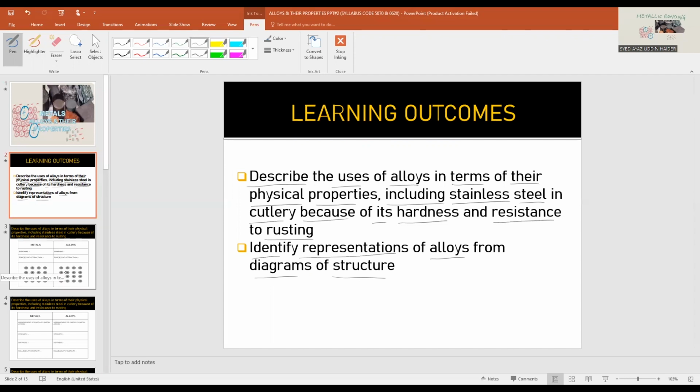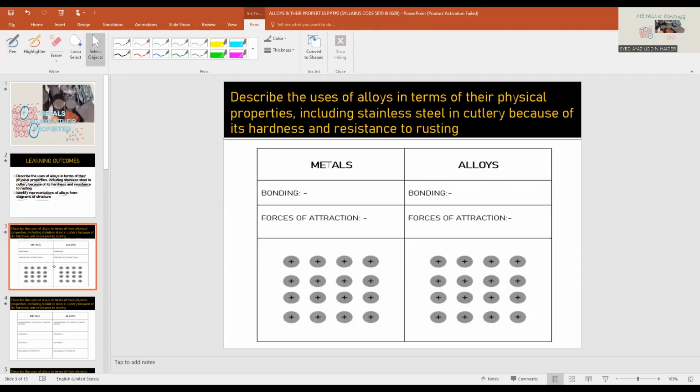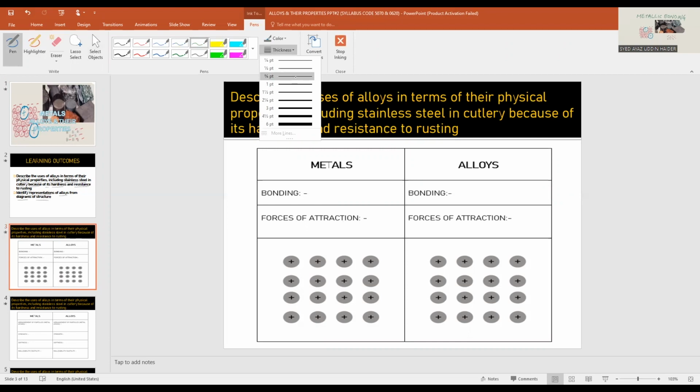Now let's compare metals and alloys in terms of bonding, forces of attraction, diagrammatic presentation of metallic bonding, arrangement of particles, metal strength, softness, and malleability or ductility. Both metals and alloys have metallic bonding, and force of attraction is simply between metal cations and mobile or delocalized electrons.